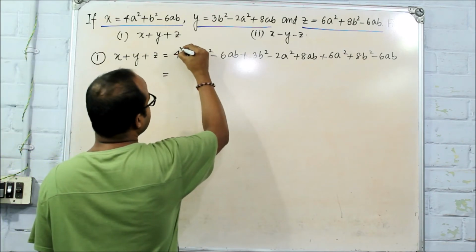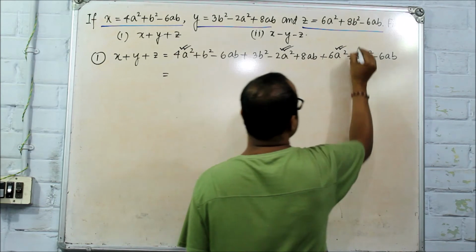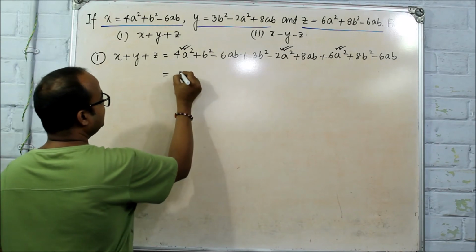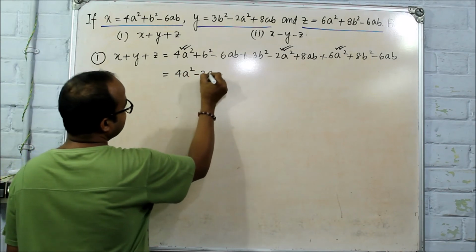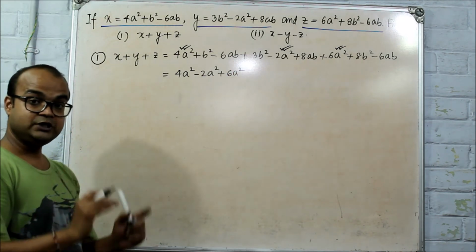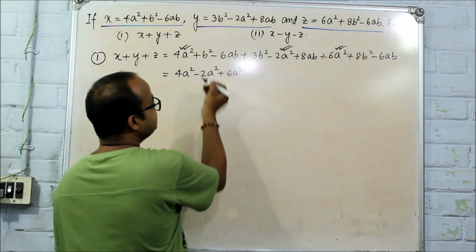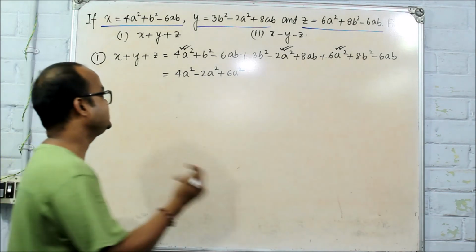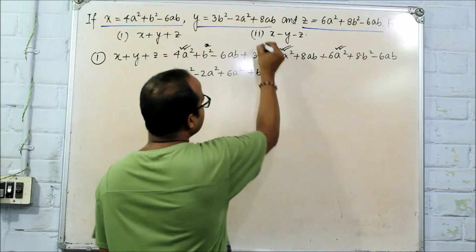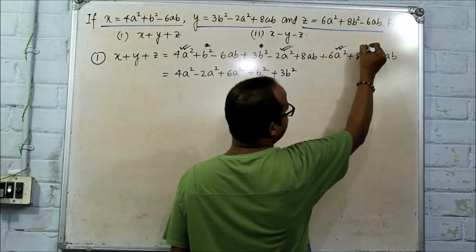So 4a square minus 2a square plus 6a square. These are the like terms. What I am doing is just writing all the like terms together so that it will be easier for us to calculate. b square, so plus b square plus 3b square plus 8b square.